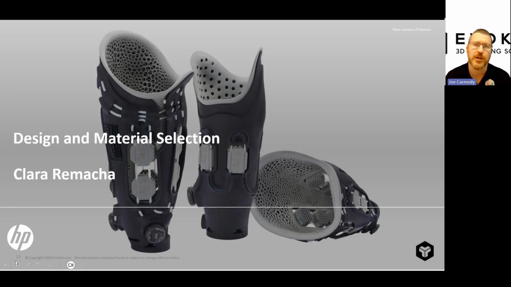Clara holds a bachelor's degree in industrial engineering from UPC Barcelona, an international master's in management from EADA Business School, as well as an MBA from the University of San Diego. She's also an athlete who competed professionally in track and field for FC Barcelona for several years. So very talented. Thank you, Clara. I'll hand over to you.